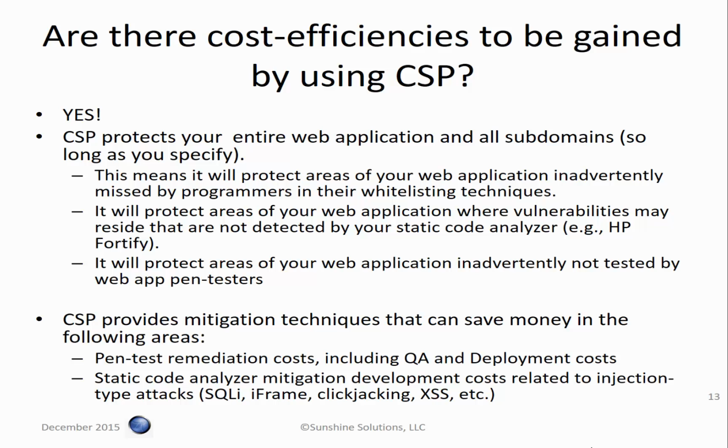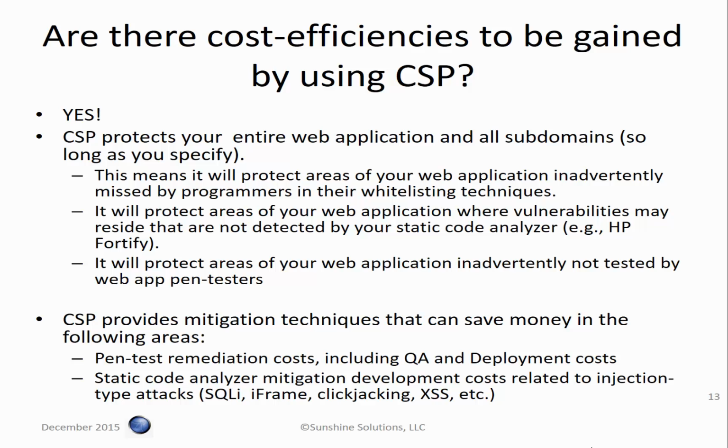And this is really important because a lot of times programmers, even with their best intentions, are going to miss areas or pockets of their web application for cross-site scripting, or maybe they haven't completely validated every area or output encoded each context, which is something that can certainly happen.